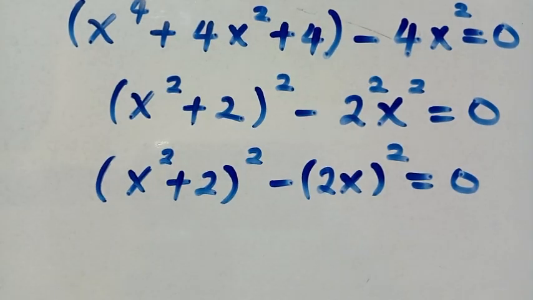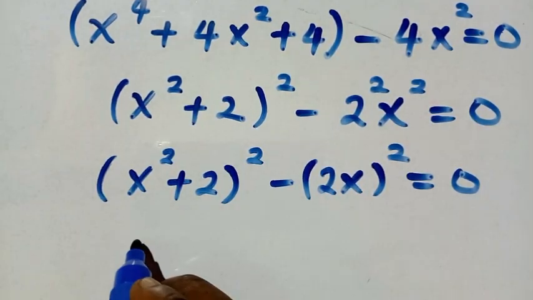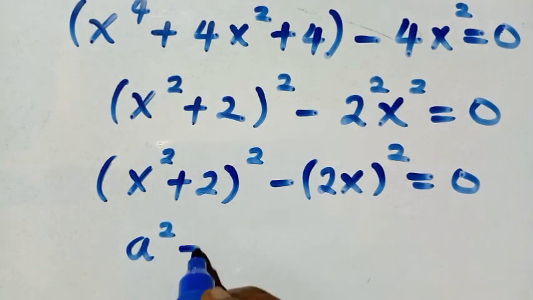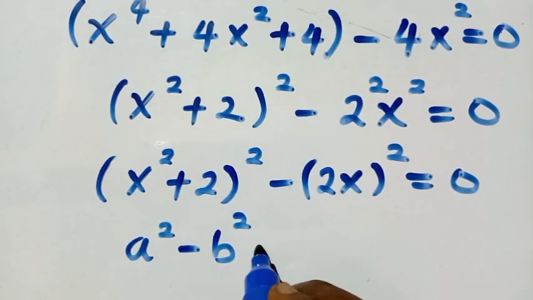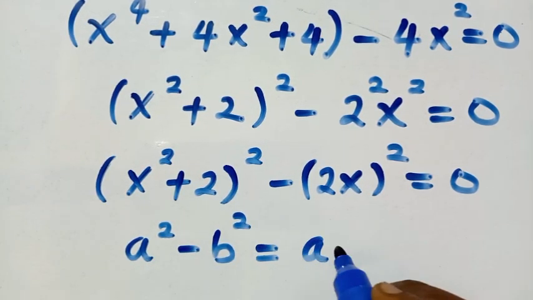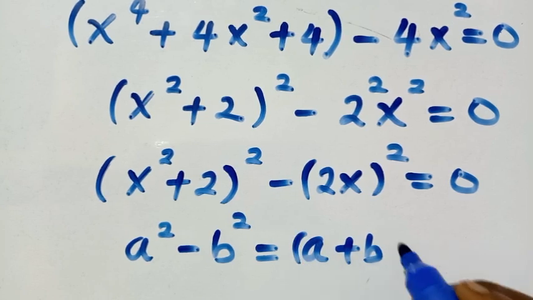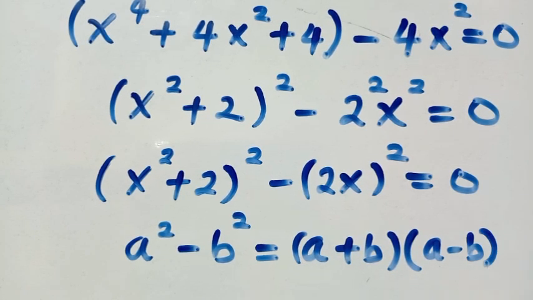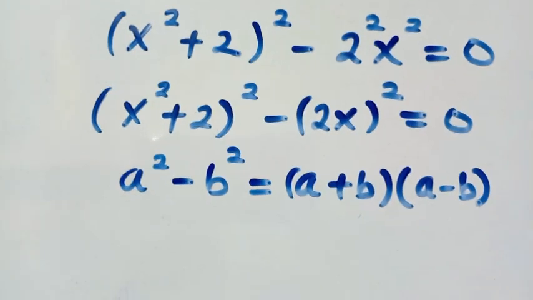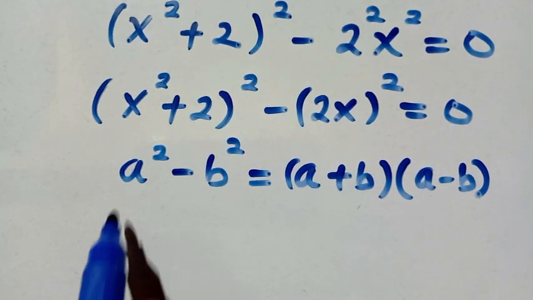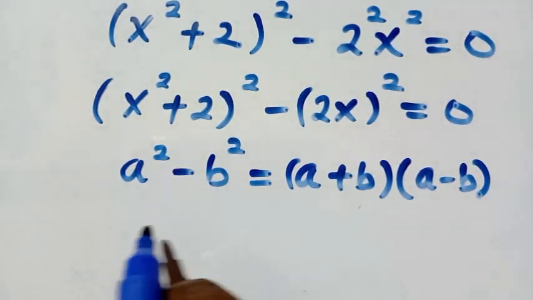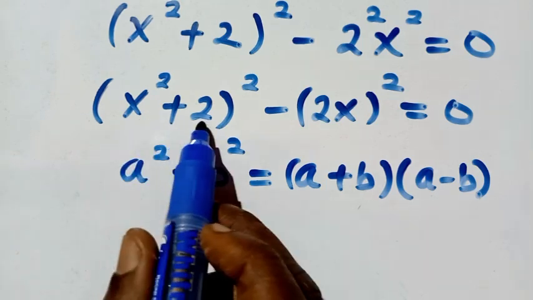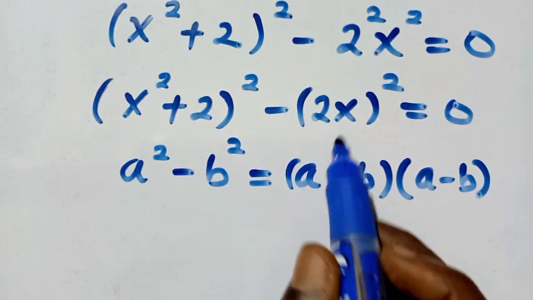Looking at this equation, it is in the form a squared minus b squared equals a plus b multiplied by a minus b. Applying it here, a is x squared plus 2 and b is 2x.